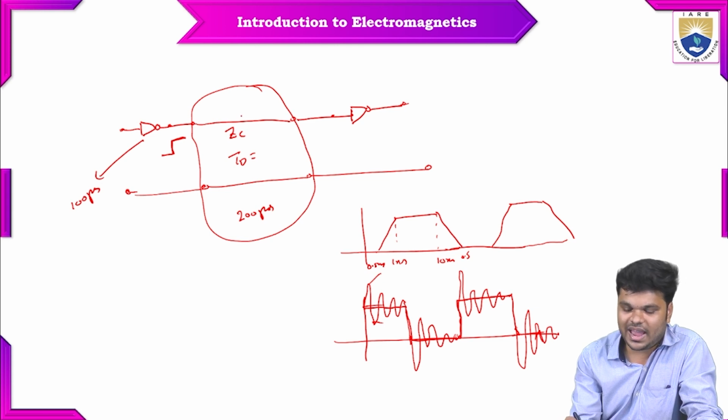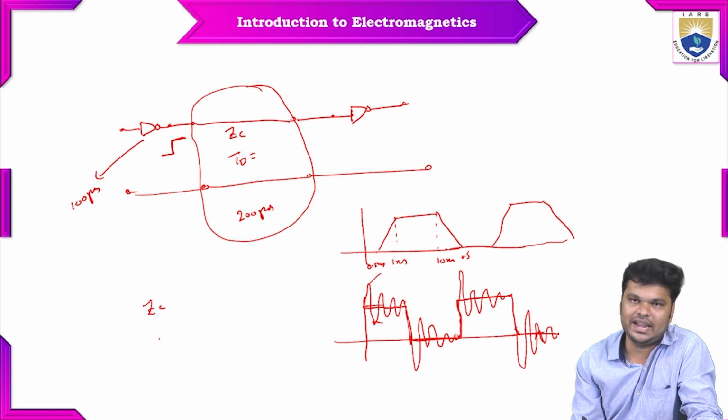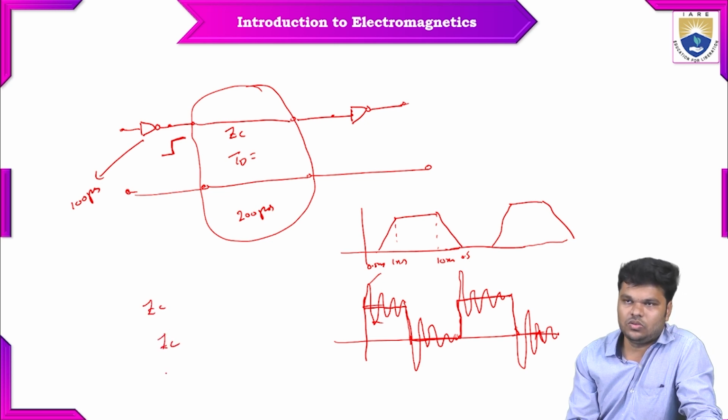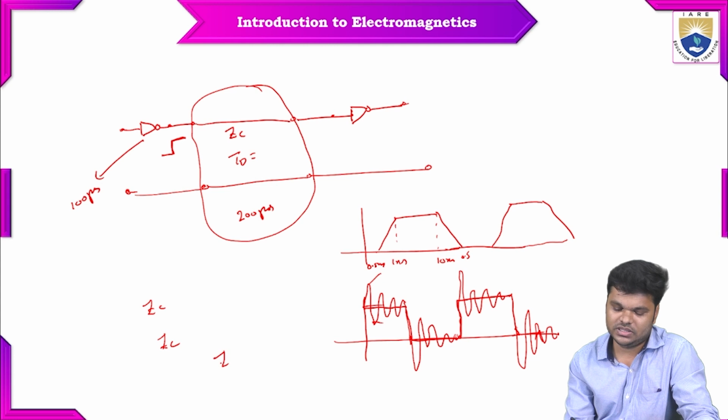And every transmission line has a parameter called characteristic impedance, which is one of the most important characteristics. The question that comes automatically now is, what is characteristic impedance and how do we calculate it? All of you might know the definition. Impedance is nothing but voltage divided by current. This is a general definition.